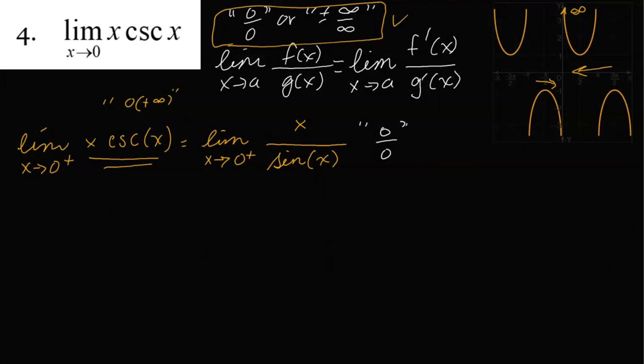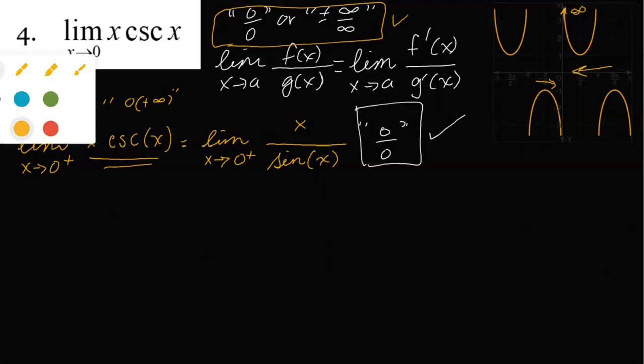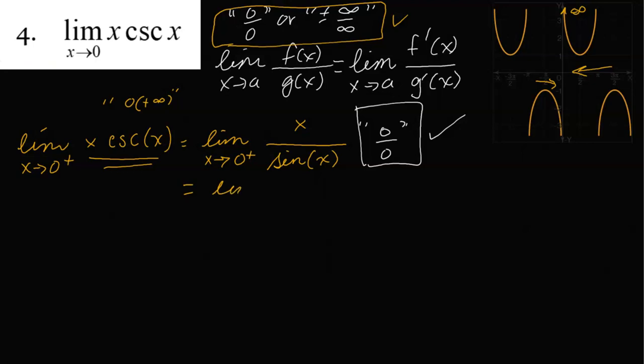So it is now of the form 0 over 0, and L'Hopital's rule applies, which means this is equal to the limit as x goes to 0 from the right of 1 over cosine of x. And cosine of 0 is 1, so we have a value of 1 when x is approaching 0 from the right.